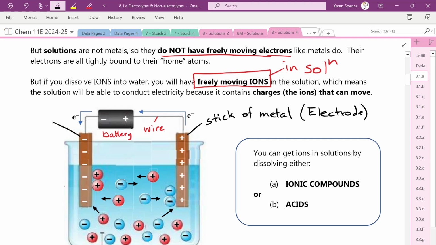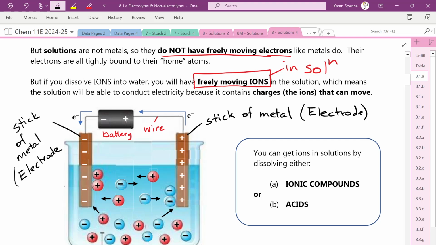And we have another stick of metal. That is our other electrode.